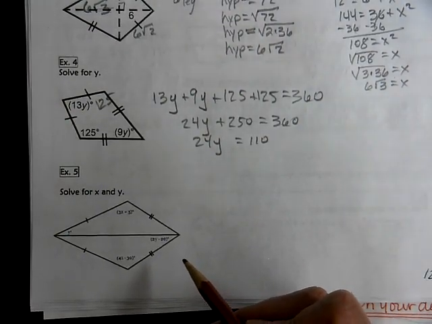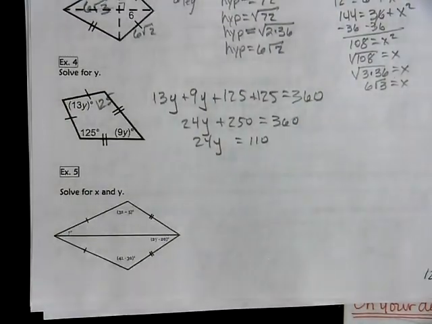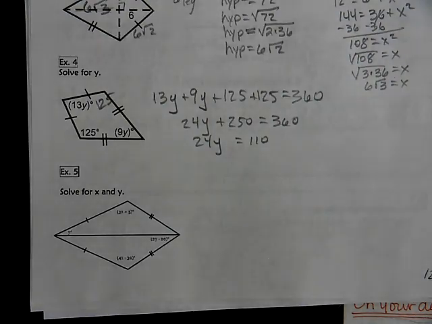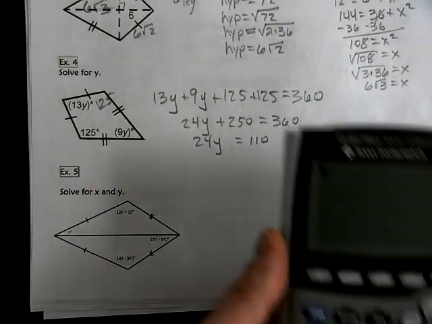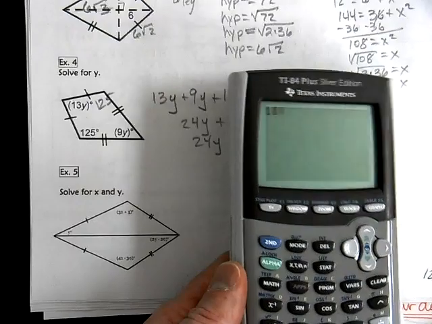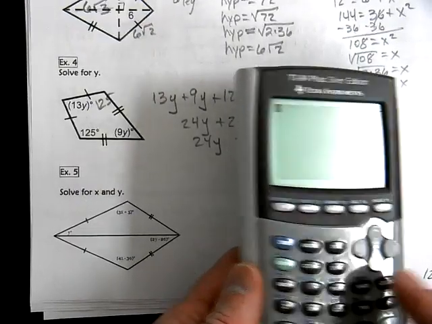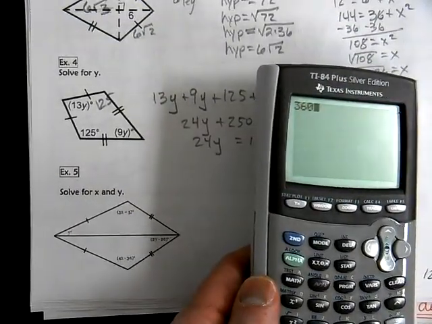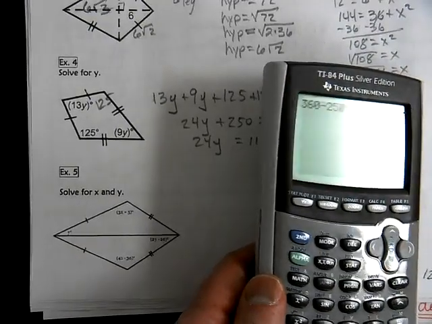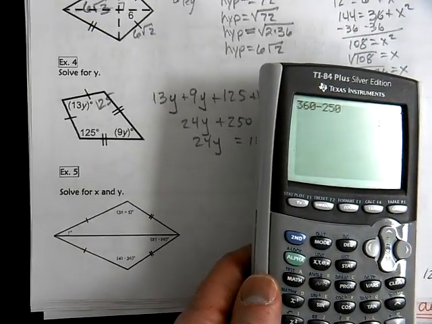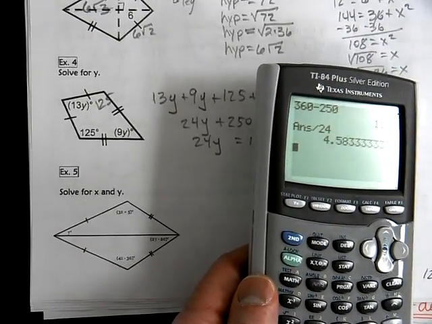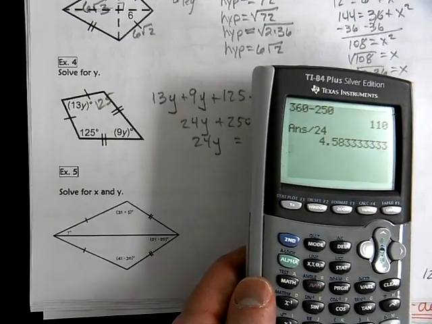And then when we calculate that out, let me show you. So we have 110. Well, let's take a step back. We have 360, and we subtracted our 250. Then we're going to divide that by 24. That doesn't come out evenly, does it?